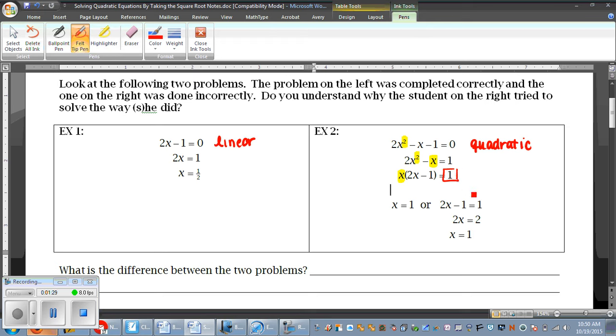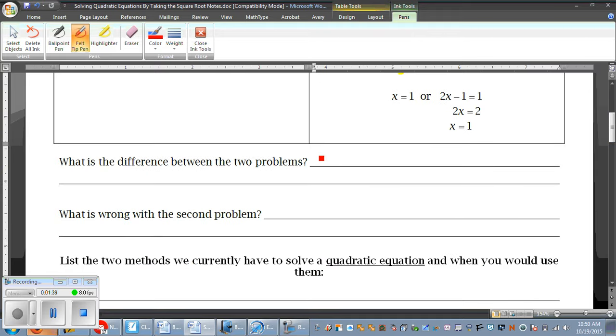And we learned last week that the only time you can factor in order to solve is if the equation is equal to 0 because of the zero product property. So the main difference between the two problems is that example 1 is linear and can be solved by isolating the variable.